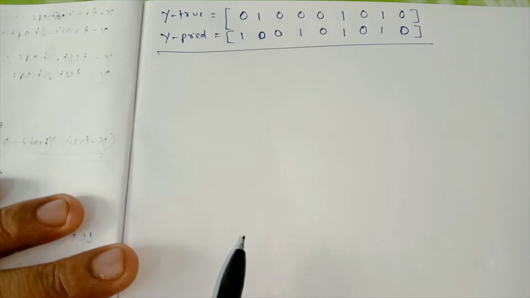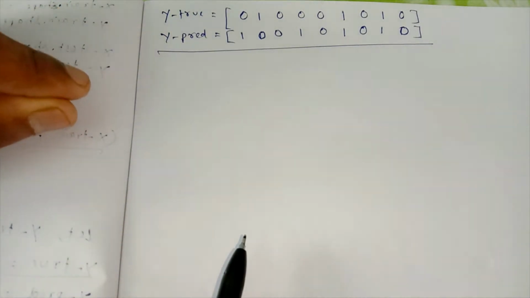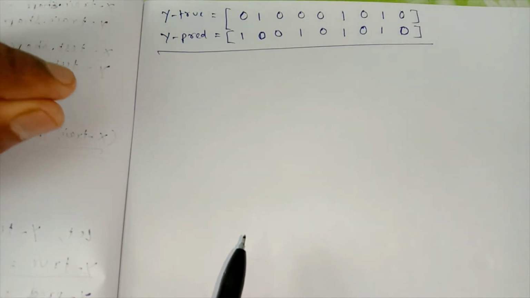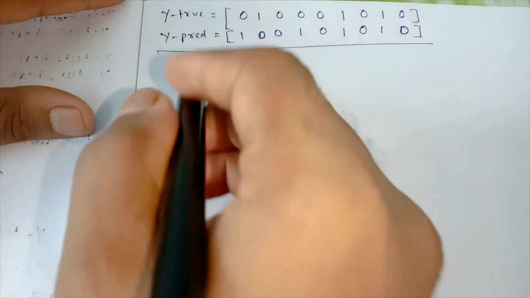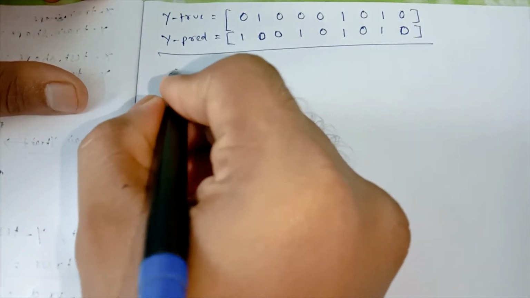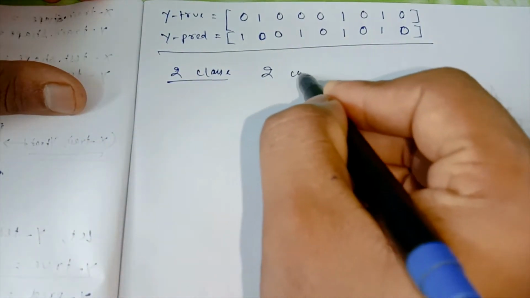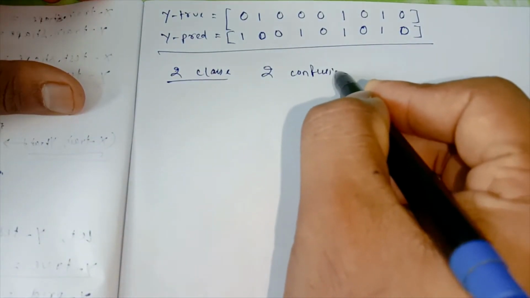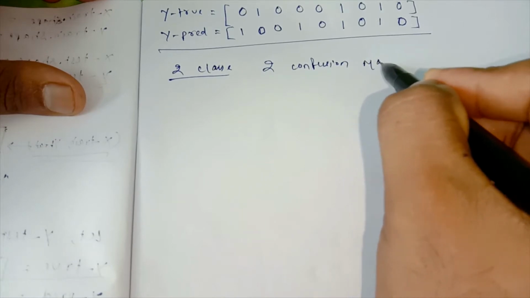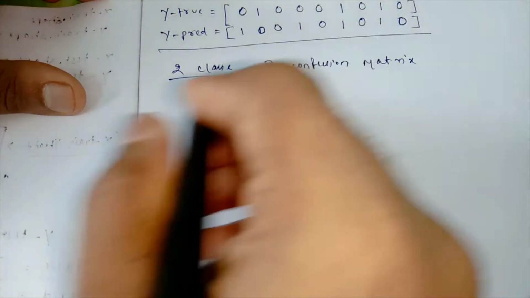Now our duty is to make the confusion matrix. Remember that the number of confusion matrices we have to build depends upon the number of classes. Here how many classes? Two classes. So two classes means we have to build two confusion matrices.